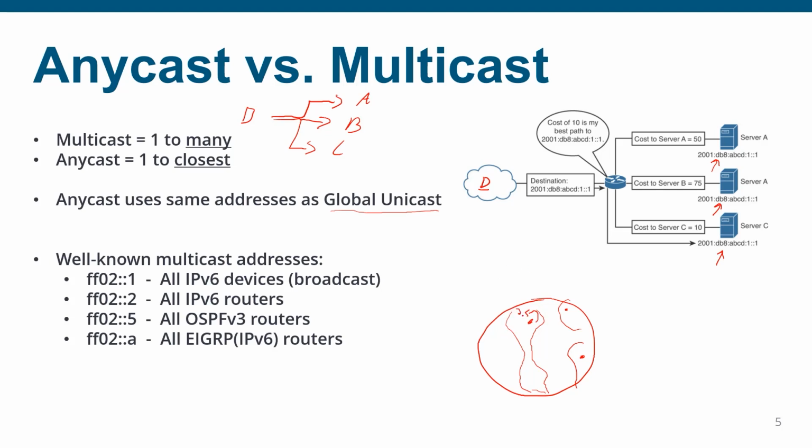However, let's say that Canadian server goes offline and my internet provider has a 100 gig connection down to Africa, but only a 1 gig connection over to Europe. Well, the lowest cost then would be to go down to Africa to get to my server there, as the cost is directly related with bandwidth.